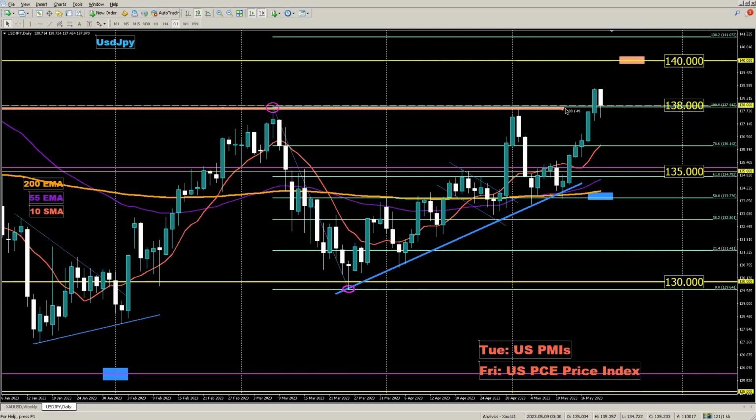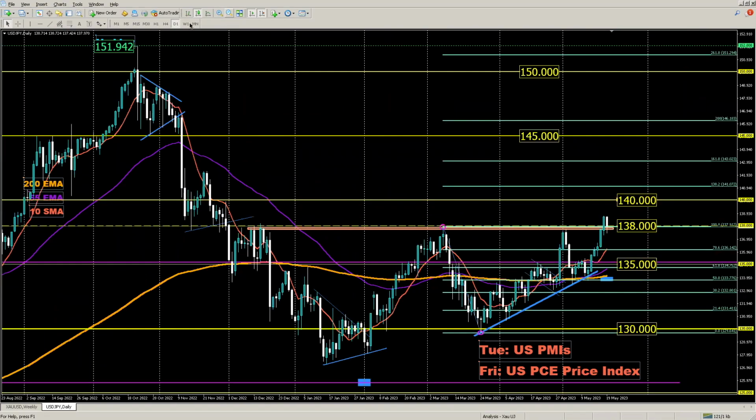This level here is still a critical area. Let's look to the left here. That's the resistance levels where it tested twice before, and now it managed to break through.